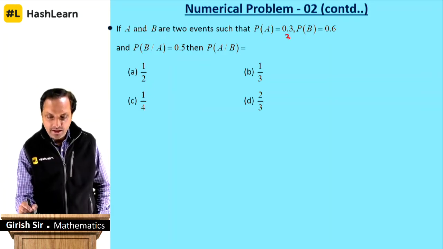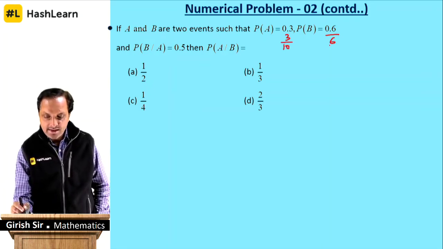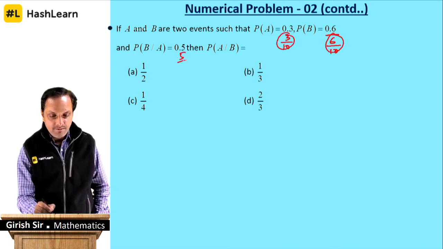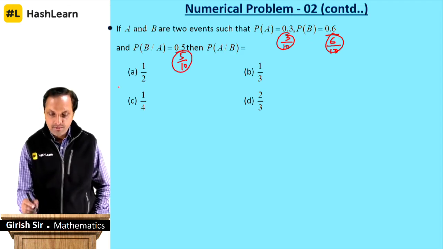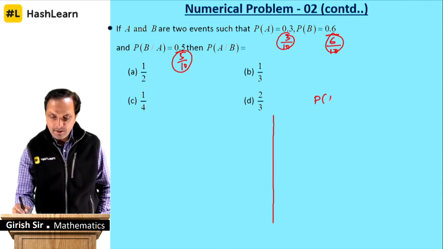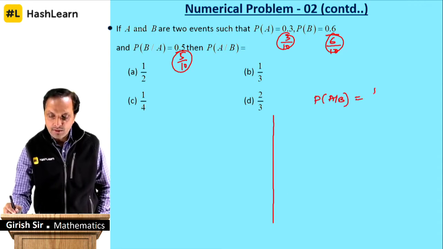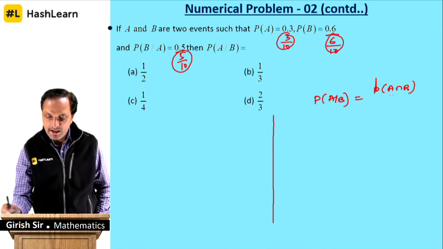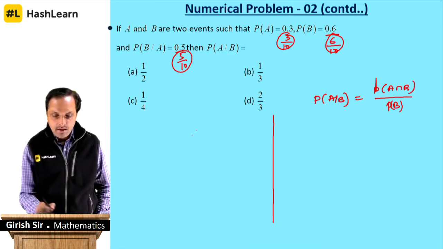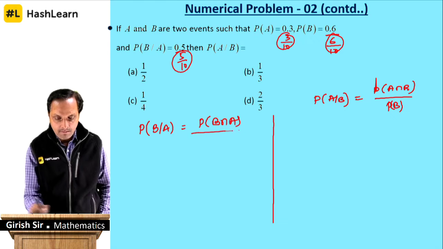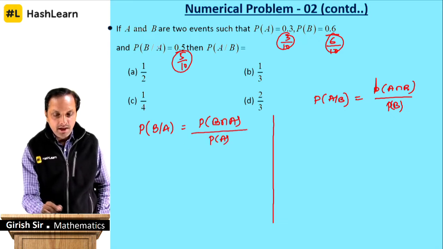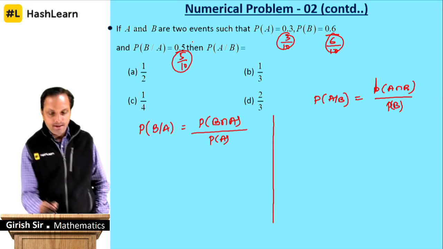So we will take this as 3 by 10, this as 6 by 10, and this as 5 by 10. Okay, so we have to find probability of A conditional B. So the formula is probability of A intersection B by probability of B. Before that, what is given is probability of B conditional A, which is 5 by 10.